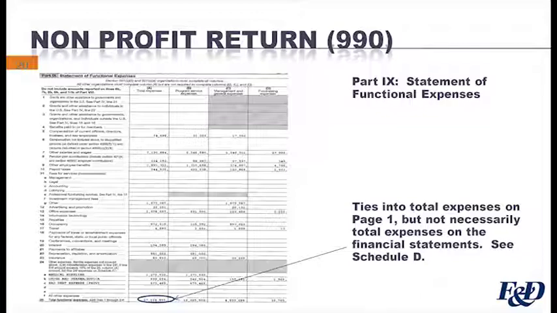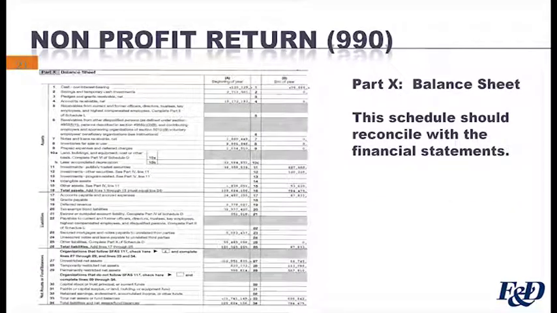As you can see, the expenses are split out by program service, column B, management and general, column C, and fundraising expenses, column D. As a donor, you may come to this schedule to make the determination as to whether or not you feel the nonprofit organization is prudent in spending and it's spending the money in the right place. Column B, program service expenses, should be the largest bucket of the three. Depending on the industry, program service expenses could be anywhere between 70% and 90%.